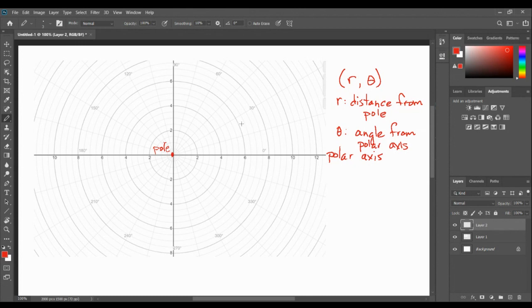So if I were to graph the point (4, 30°), I would first start here at the polar axis and rotate through 30 degrees, and then move a distance from the pole of 4, and I would get that point right there. That is the point for 30 degrees.